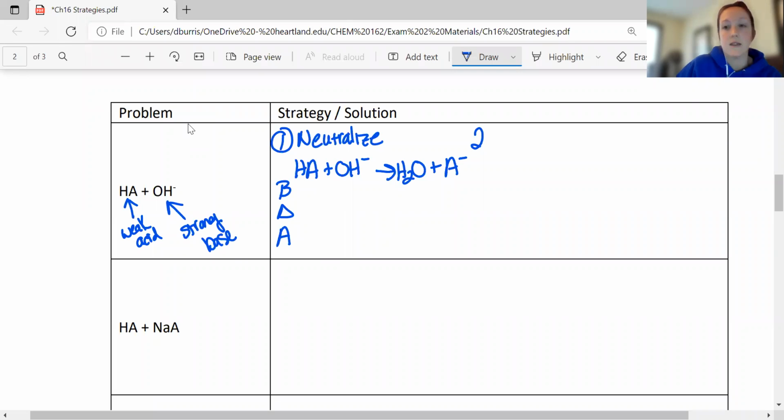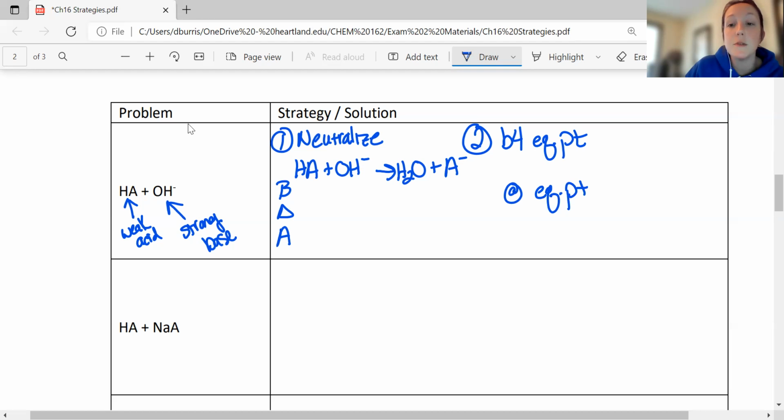So there's three options. You might be before the equivalence point, or you could be at the equivalence point, or you could be after the equivalence point.